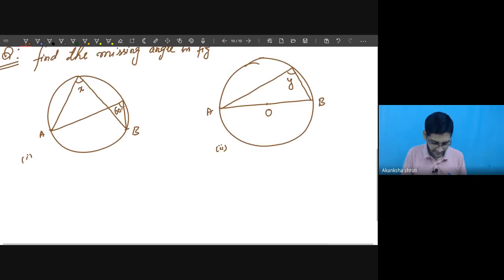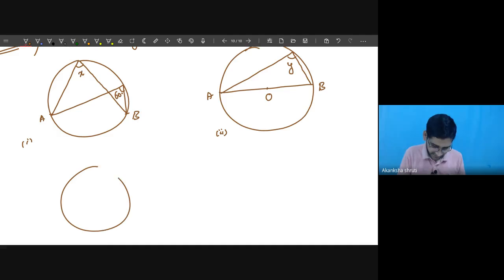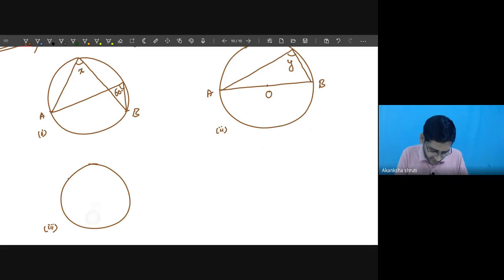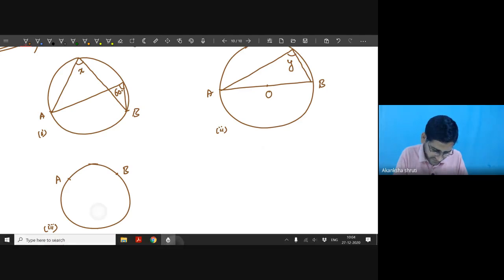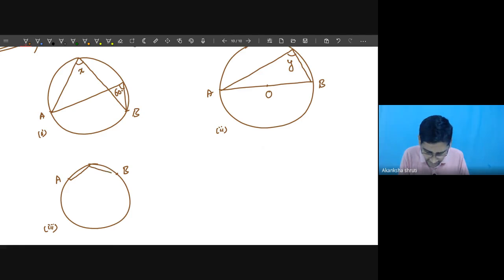Then the third one, this is the third figure, where the point A is here, the point B is here, and this angle is your 120 degree, and another one is this angle.